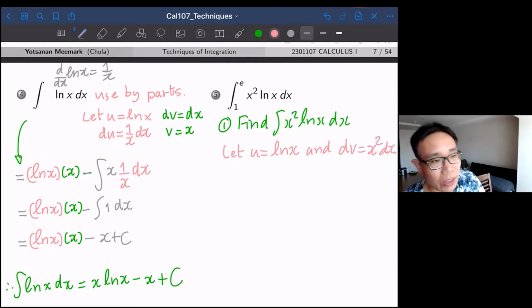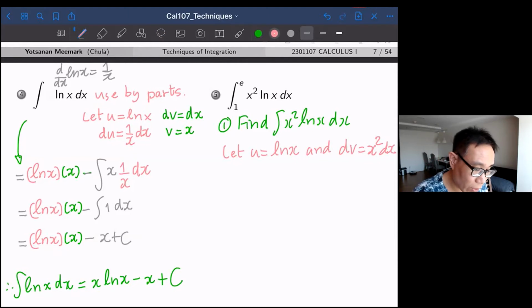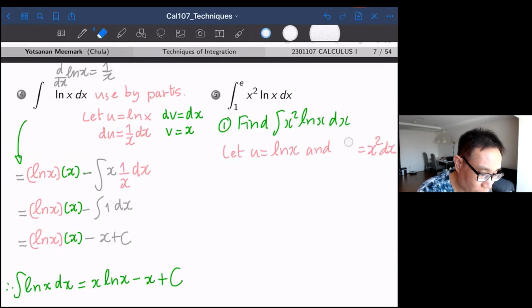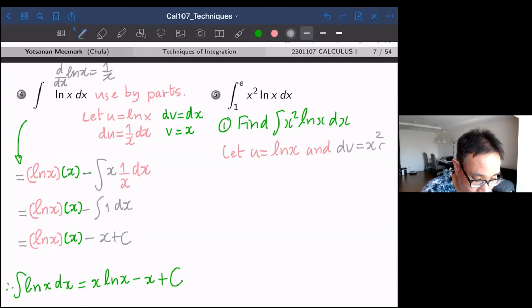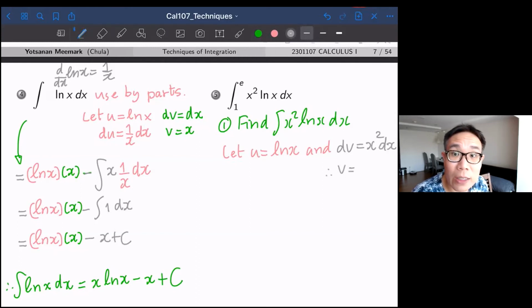You may ask me, you have dv equal to x squared dx, right? So when you solve for v, the exponent turns out to be higher than before.